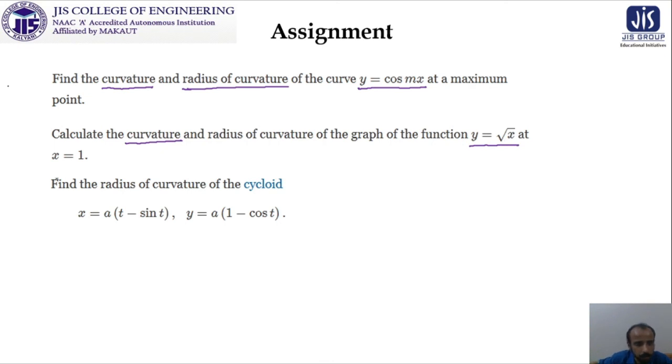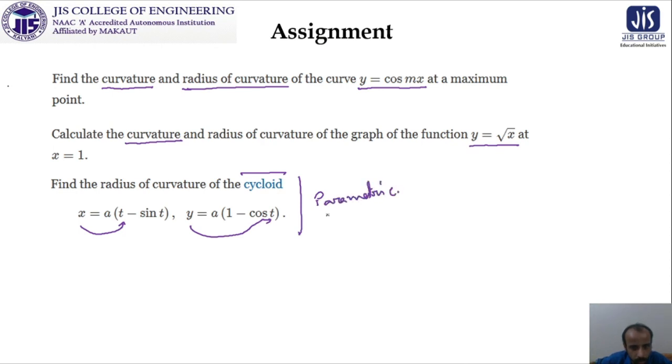But if you see the third problem, where a special type of curve is given, whose name is cycloid, this is the expression of the cycloid. Look at this. Here x is related with t, and y is related with t. So you have to decide that to solve this problem, you have to use the parametric form.